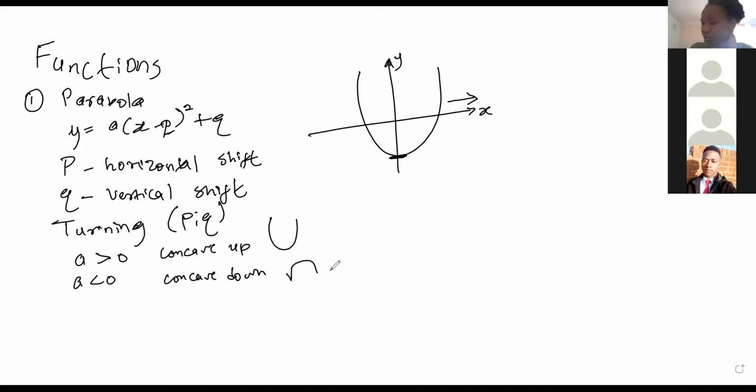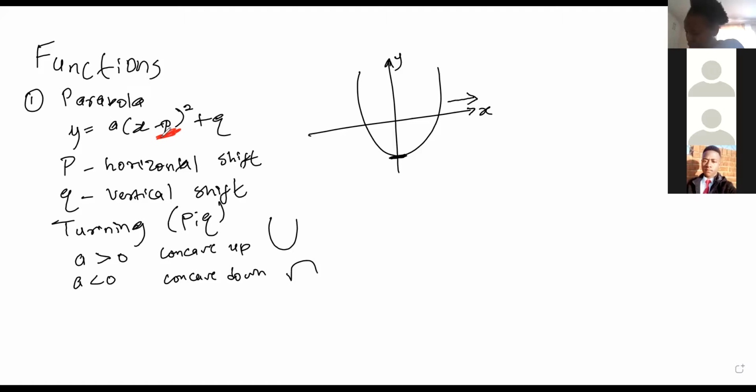So if they tell you that your graph will shift, they add something on the function they've given you, let's say plus 5.